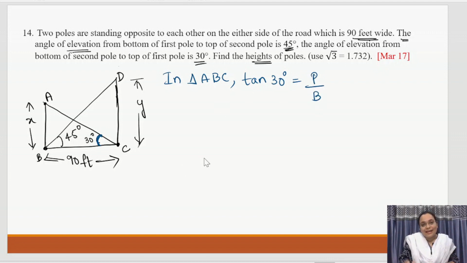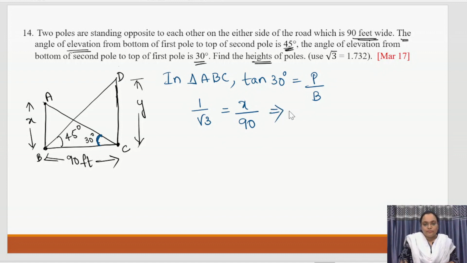Tan 30 is 1 by root 3, which equals x by 90, where the perpendicular is x and the base is 90. From here we can get the value of x.